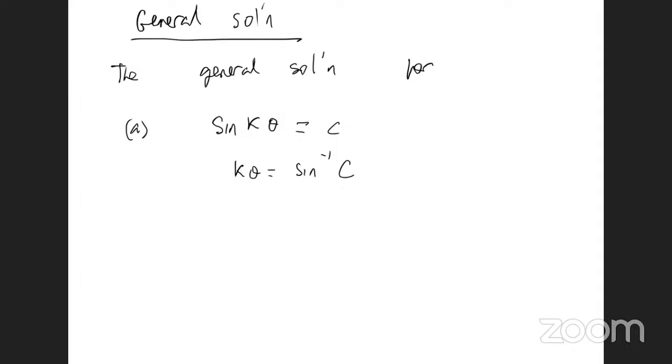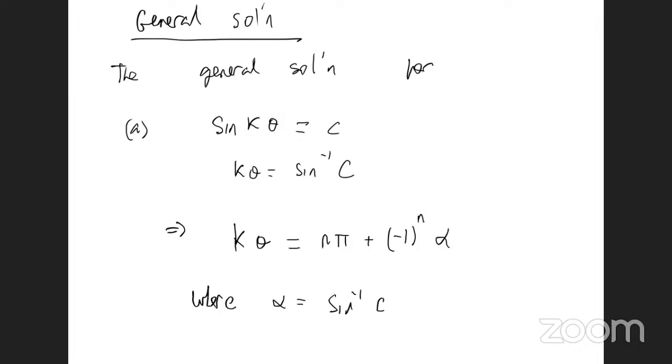Here's what the general solution looks like: k theta is equal to n pi plus minus 1 to the n alpha, where n means any number of solutions you need, and alpha is equal to sine inverse c.